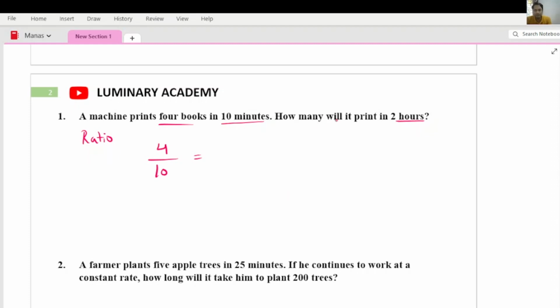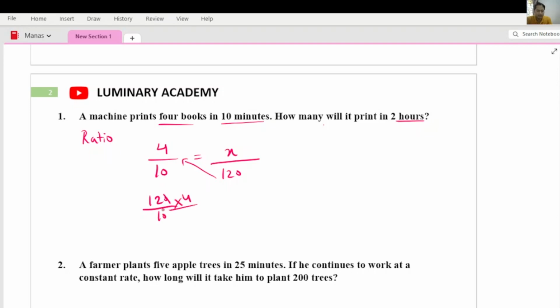Now how many will be printed in 2 hours? 2 hours means how many minutes? 2 into 60, 120 minutes. And how many books will there be? Let the books be x. Now you can send this 120 to this side. So 120 upon 10 into 4.